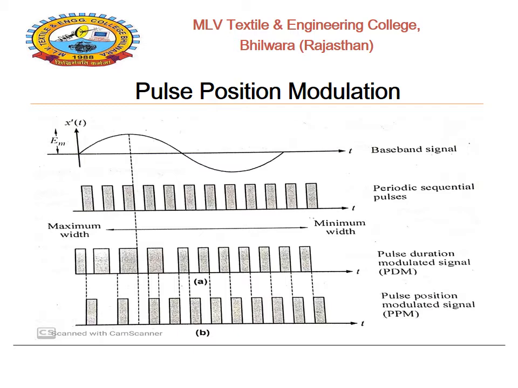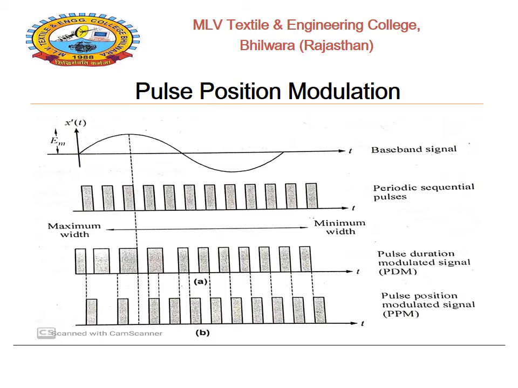As shown in the figure, the first one above represents the continuous time signal x dash of t, which is also known as the baseband signal. The second part is a constant width, constant height, constant amplitude periodic pulse train.